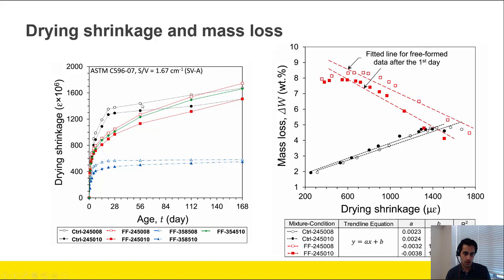The hollow shapes show the samples with much higher sand contents compared to the filled shapes. You can see that having a higher percentage of sand in the sample can help with decreasing the drying shrinkage.